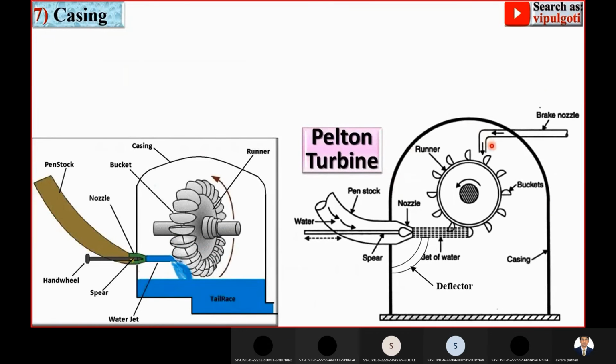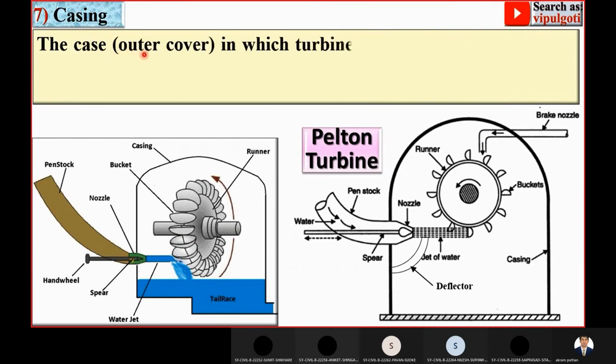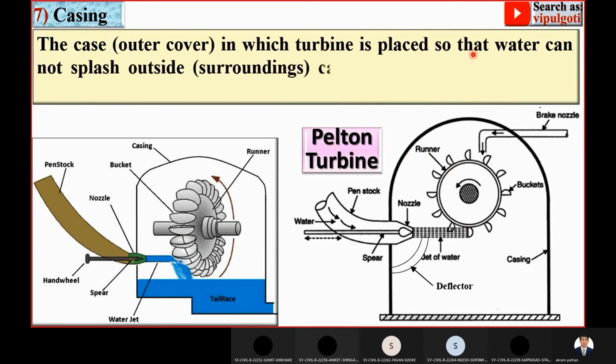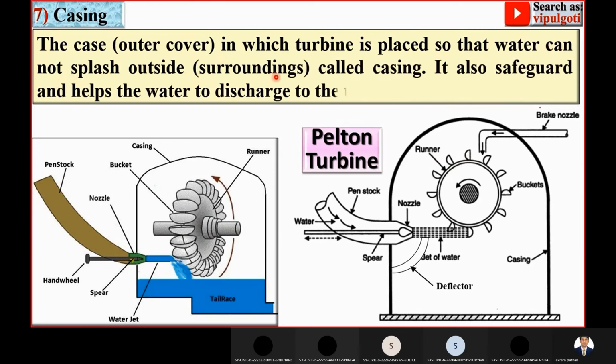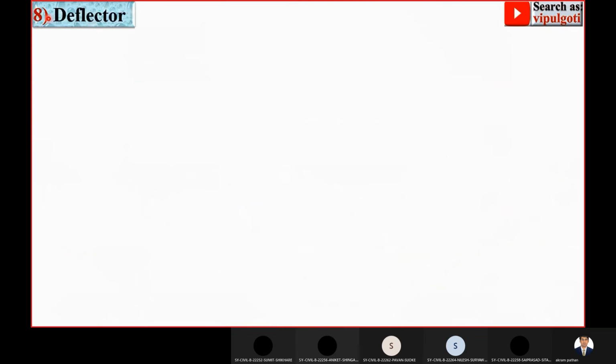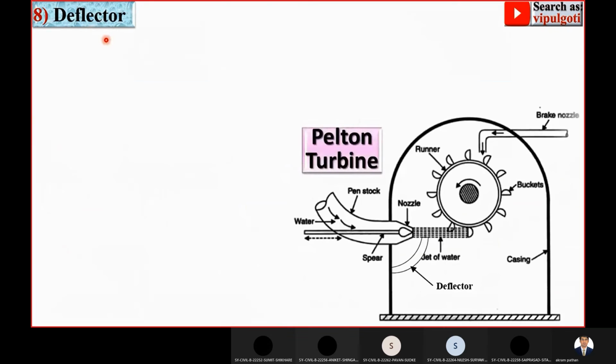Now another important component part is the casing. Okay, so the casing is an external cover or external protection which protects the inner mechanism of the turbine from the impact of the external load, and it also safeguards and helps the water to discharge. Okay, then we have a deflector.